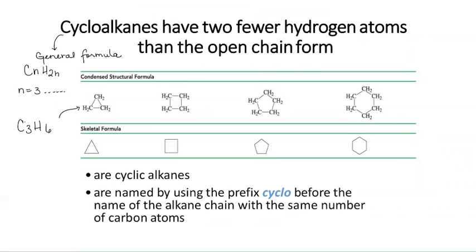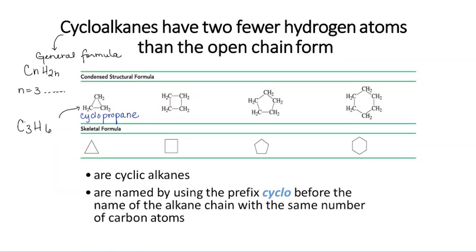So the name of this one is going to be cyclopropane. Because again, cyclo because it's cyclic, prop because we have 3 carbons, ane because it is an alkane.